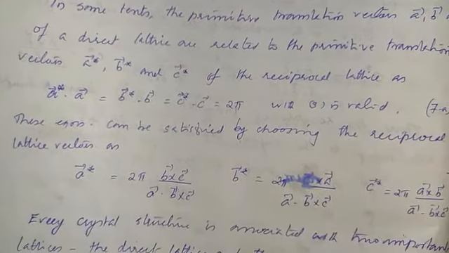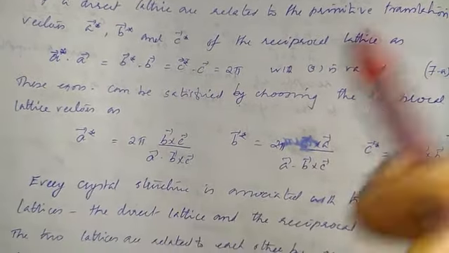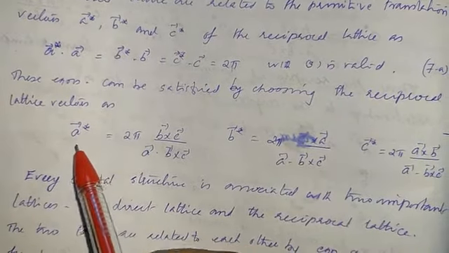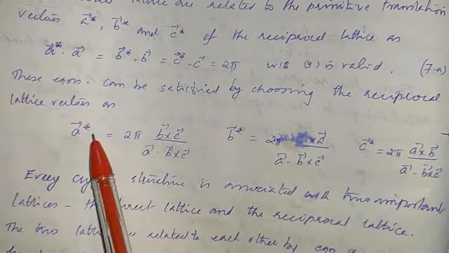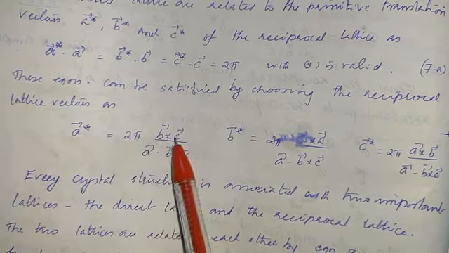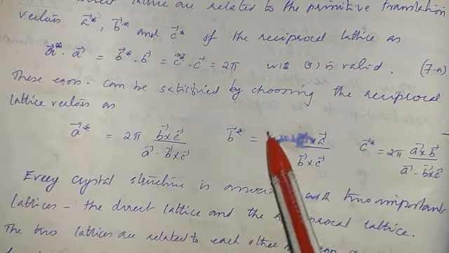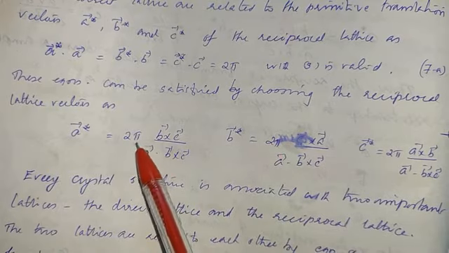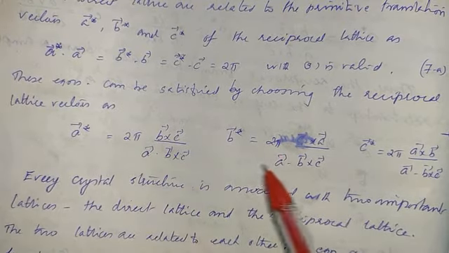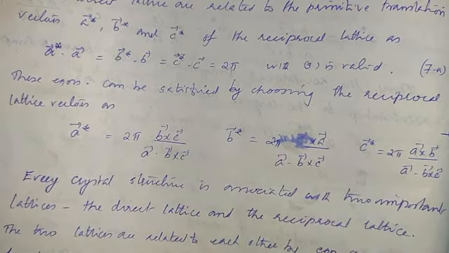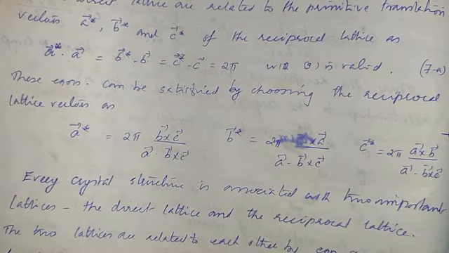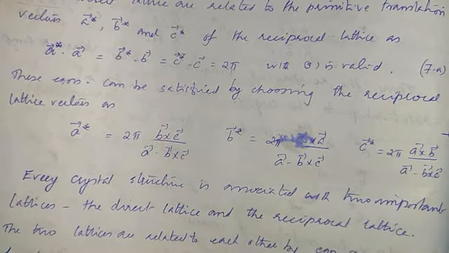This equation can be satisfied by choosing the reciprocal lattice vectors as A star equal to 2 pi times B cross C by A dot B cross C. That is, an additional 2 pi appears as a coefficient of this reciprocal lattice vector. So some textbooks describe these vectors in such a manner.